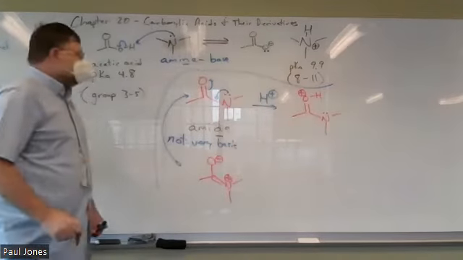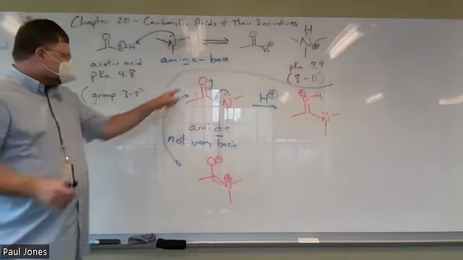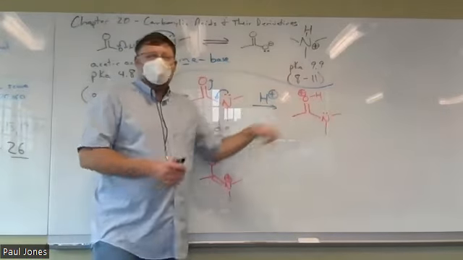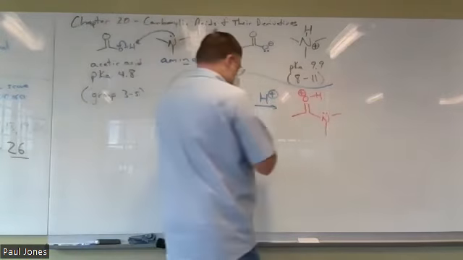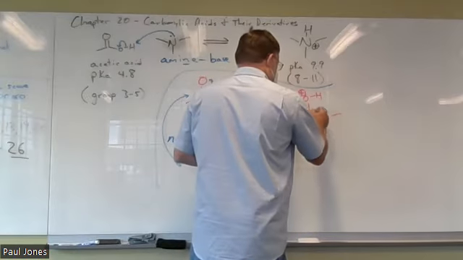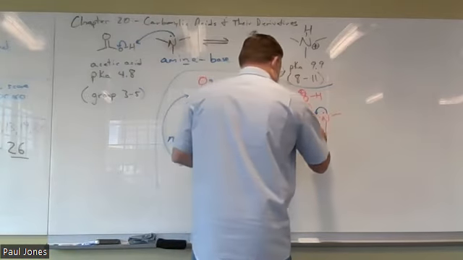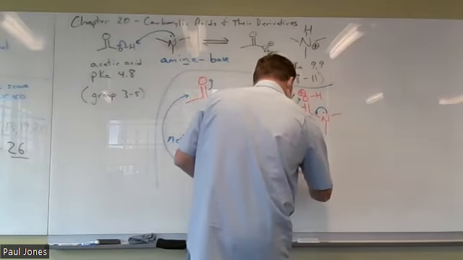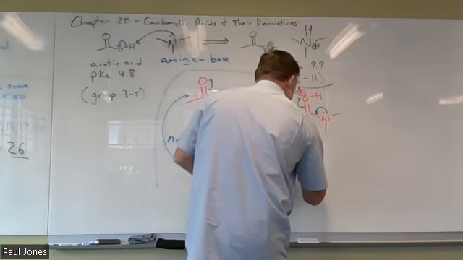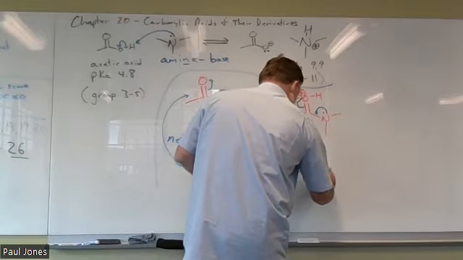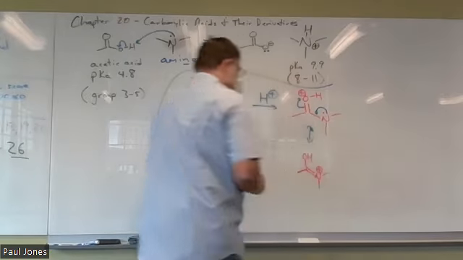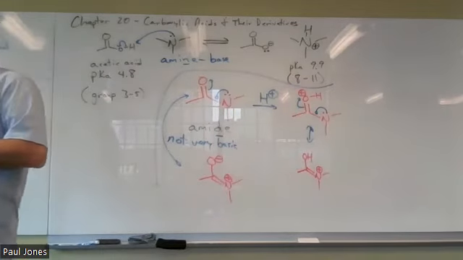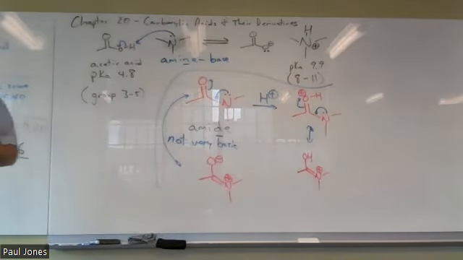So if I protonate the oxygen, the oxygen grabs the proton, and that positive charge ends up delocalized. Right, so the resulting cation is a lot more stable if you protonate the oxygen than the nitrogen.